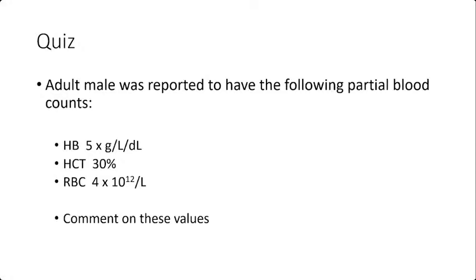Now look at those figures for hemoglobin and hematocrit. Can you comment? What do you think about that? Go ahead, Sharon. The hemoglobin level is low because it's below 10.